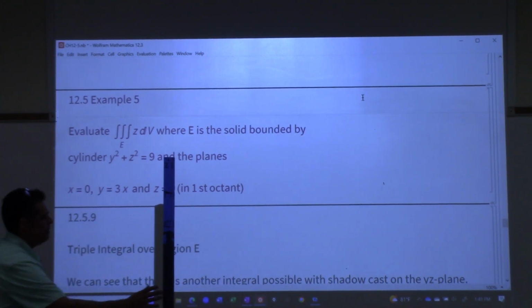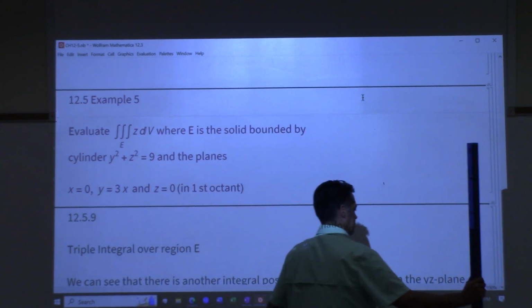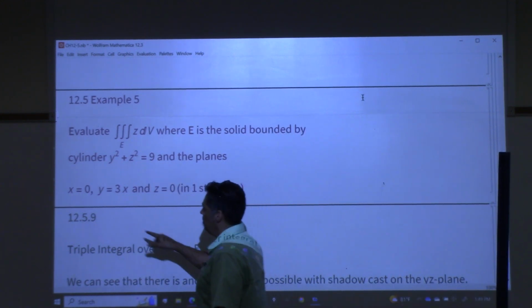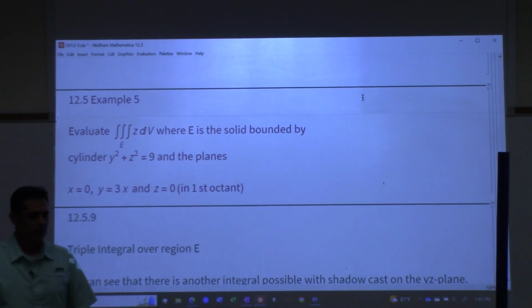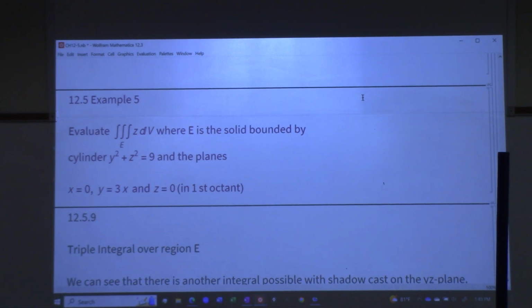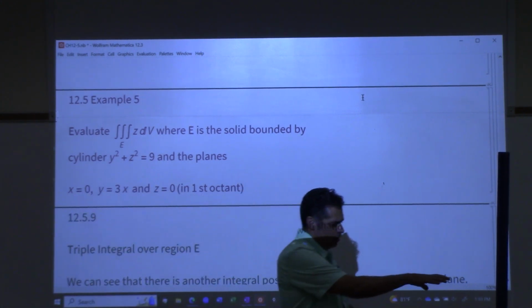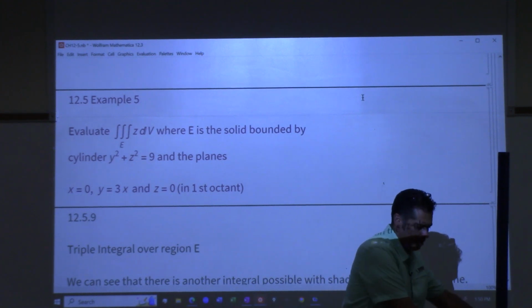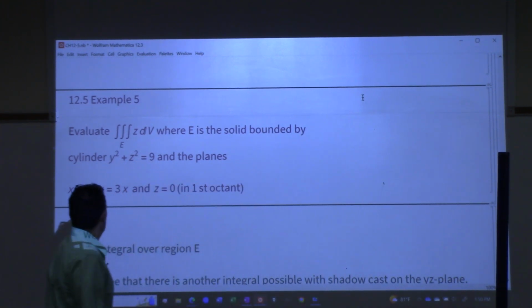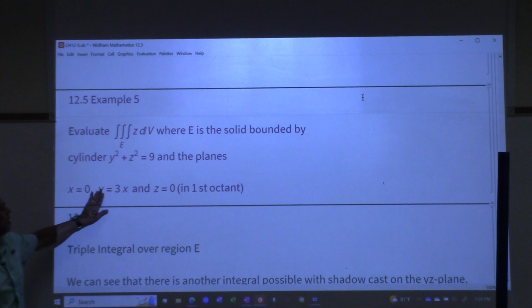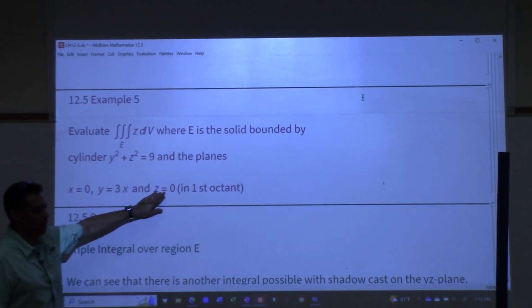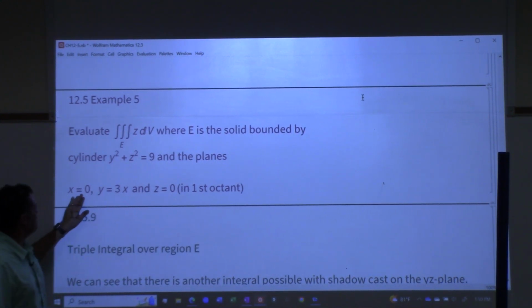And then I have some planes. x equals 0. It's ground, right? So now I've got my cylinder coming out here, and then I got this plane cutting through it. Let's do z equals 0. z equals 0 is what? Wait, what did I just say? x equals 0?